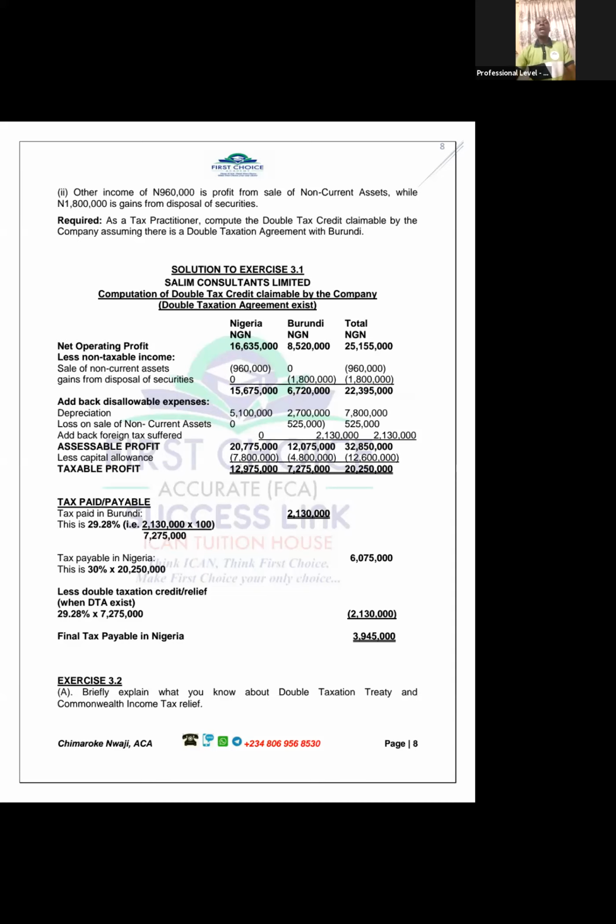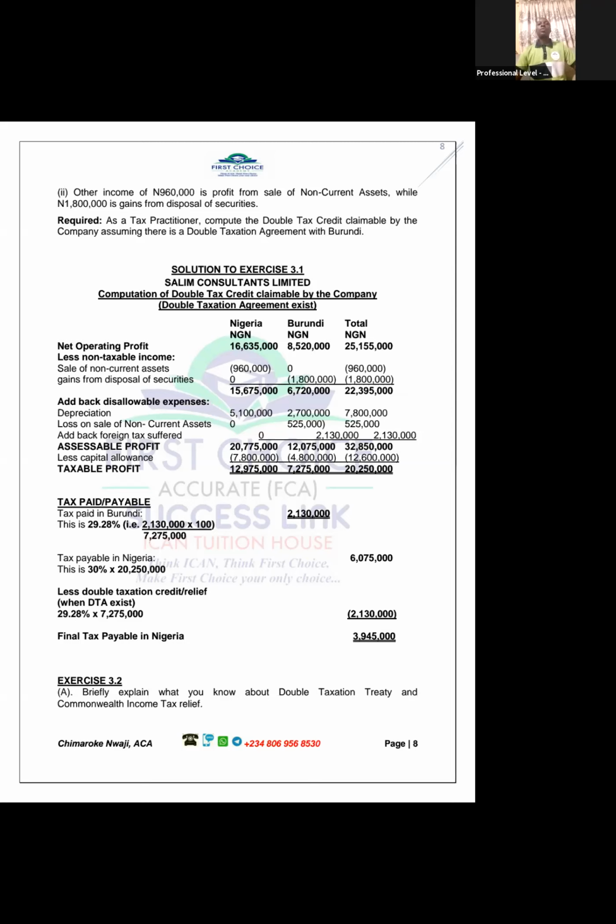That's the reason we are adding the tax back, and it's the foreign tax because Nigeria has not charged tax. It's only Burundi that has charged tax. We'll add it back. And so our assessable profit is giving us 2775, 12,075, 32,850 total.